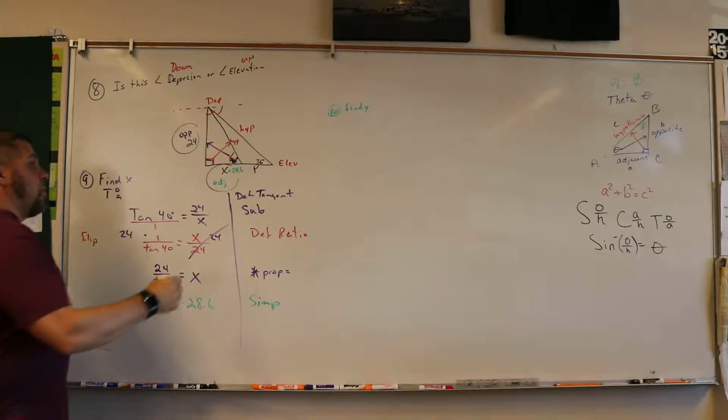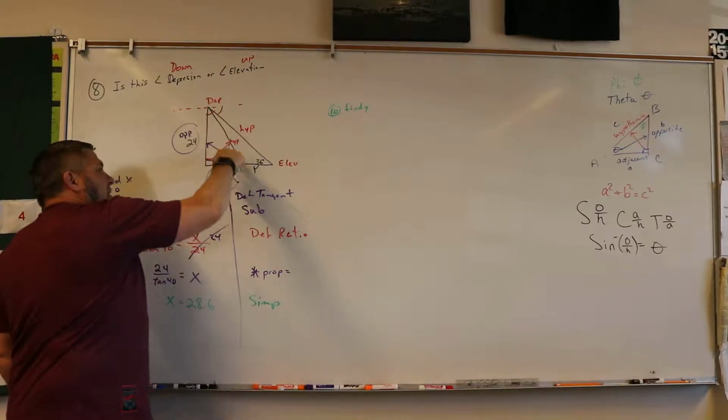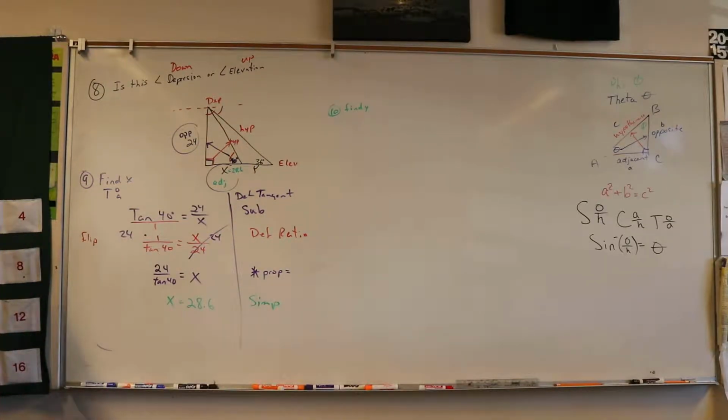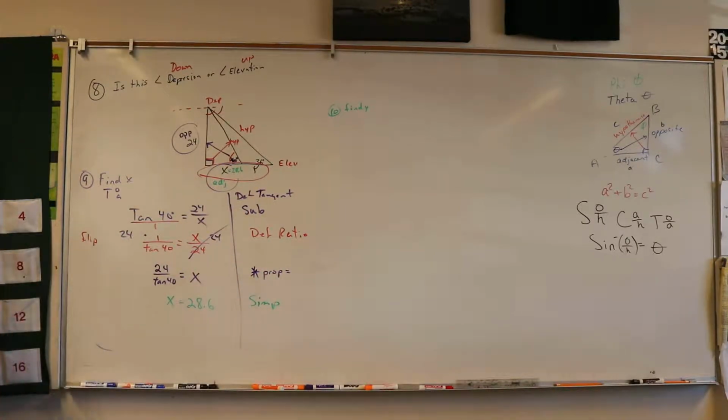And we're looking for y, right? But y is part of this weird angle. So we're looking for this whole piece, x plus y. And then, once we figure out what x plus y is, we can figure out y by subtracting x. Does that make sense? Okay?